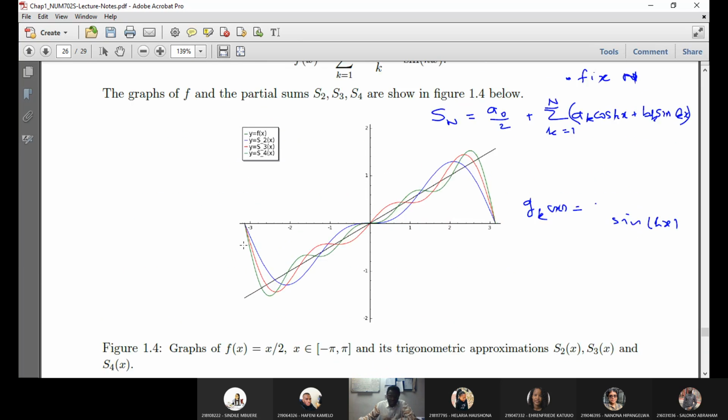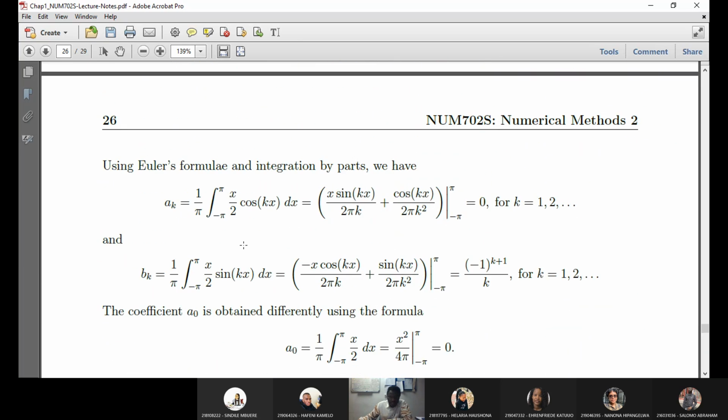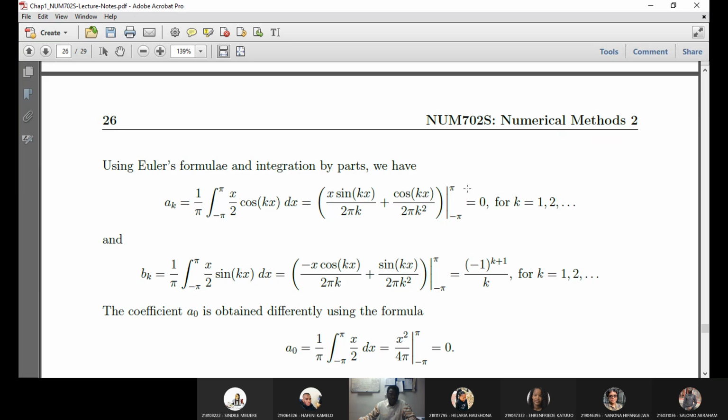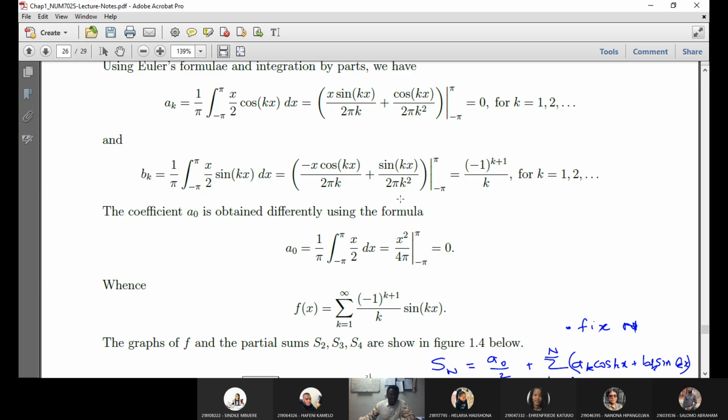Okay, so if we use that fact here, you can see that this function is an odd function over an interval centered at 0. So if you integrate, the ak's will all be 0. There will be no need to integrate and write that. Just use the theorem and say it's 0 and compute just this one.